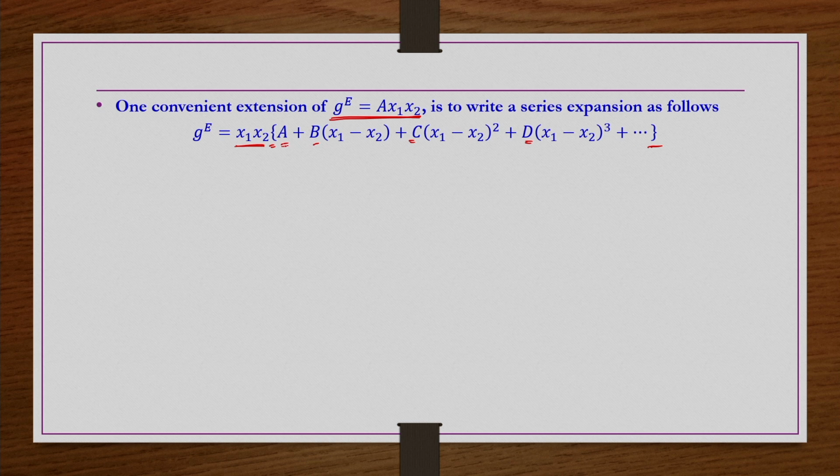If you include one more term, that is x1 x2 multiplied by a plus b (x1 minus x2), then the same equation is known as the 3 suffix Margules equation. If you add one more term, that is plus c (x1 minus x2) whole square, then this equation is known as the 4 suffix Margules equation, right.